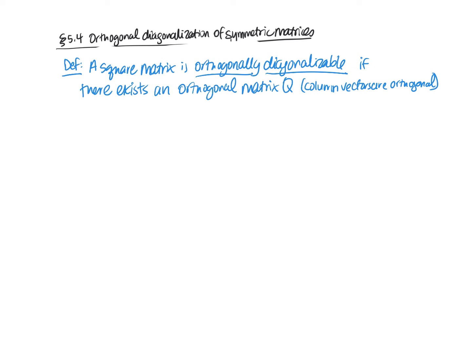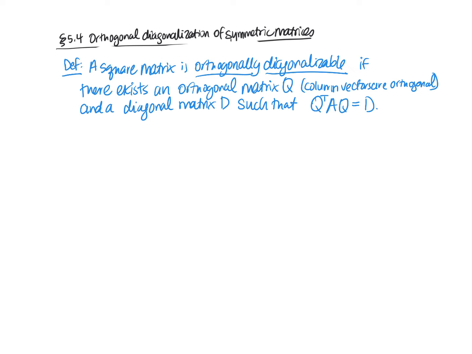And a diagonal matrix D, such that Q transpose A Q is equal to D. Okay, so that's the definition of orthogonally diagonalizable.